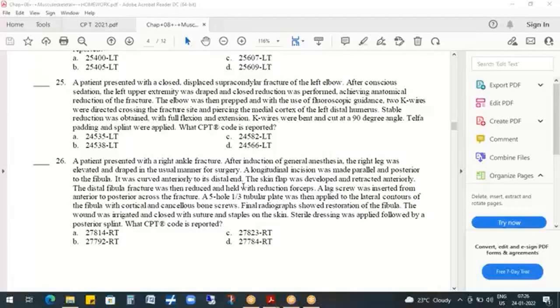Now, what is your answer then? 24535. What is your answer? Geeta Kumari, what is your answer?